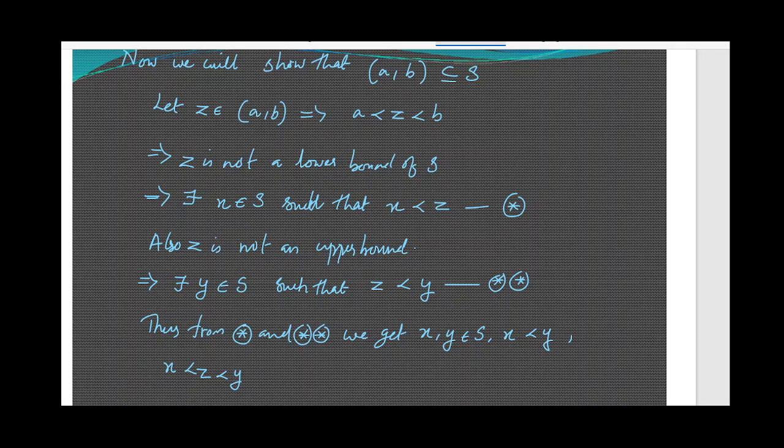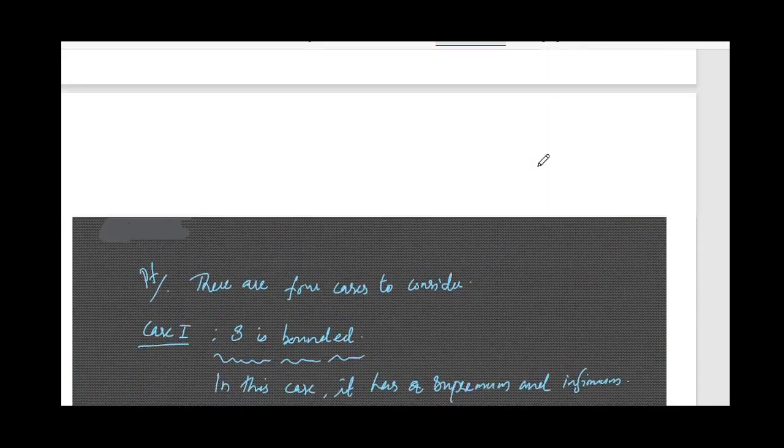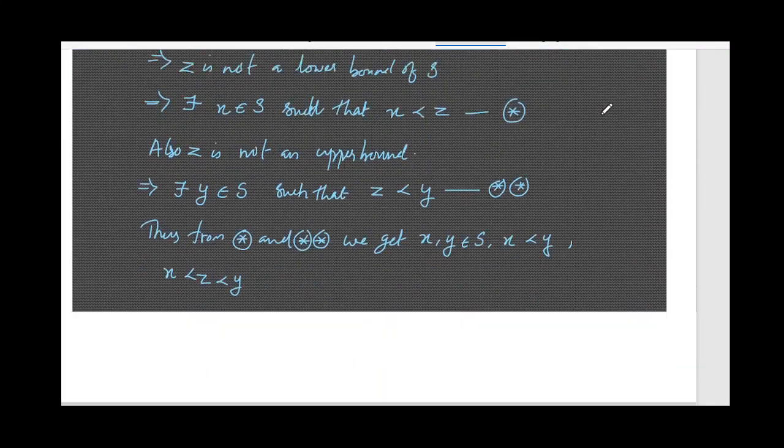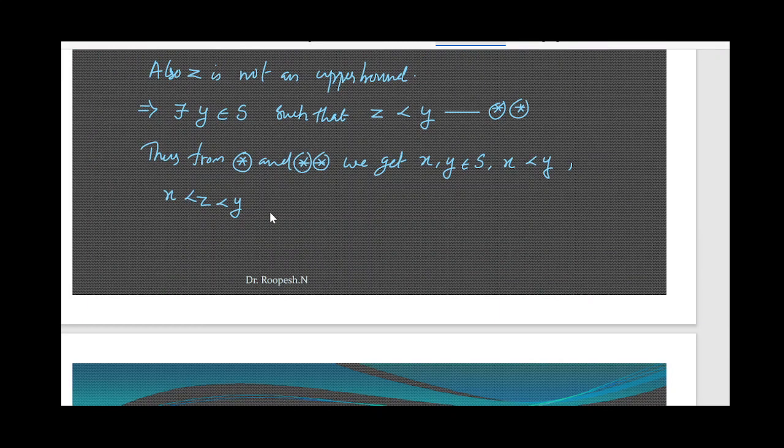Then we have assumed one property for S. What was that? If x, y belong to S and x less than y, then the closed interval [x, y] is contained in S. So using that property of S, we get the closed interval [x, y] is contained in S, which implies, since z is between x and y, that z belongs to S. What was z?